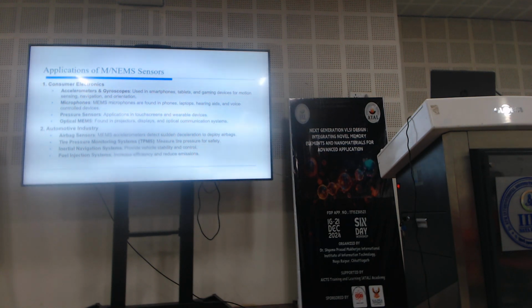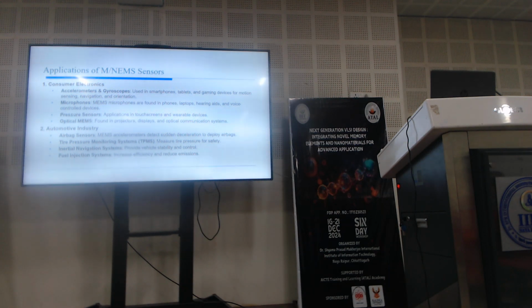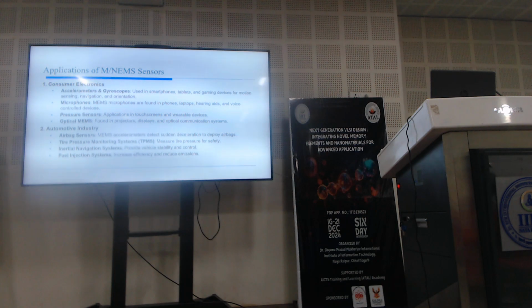Likewise we have different mechanisms in our mobile phones. And the microphone, whatever we speak into, is also one kind of MEMS sensor. Next, pressure sensor, optical sensor. These all come under the generalized category, and in our daily life we can see these kinds of applications.